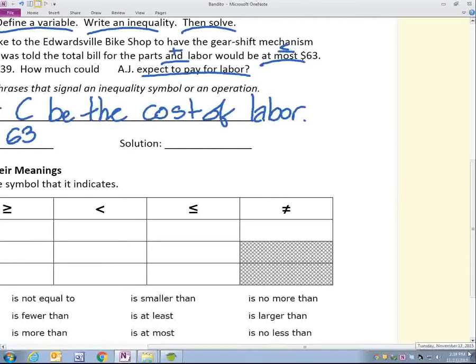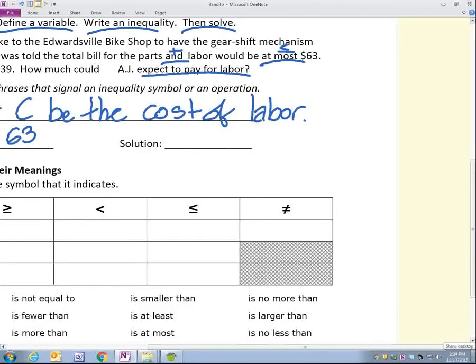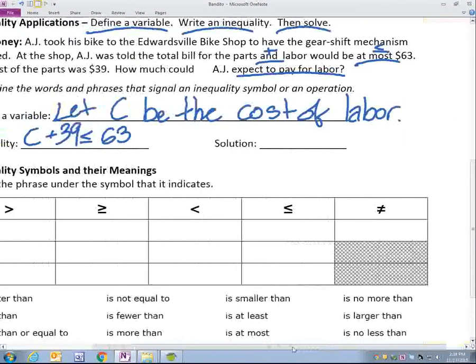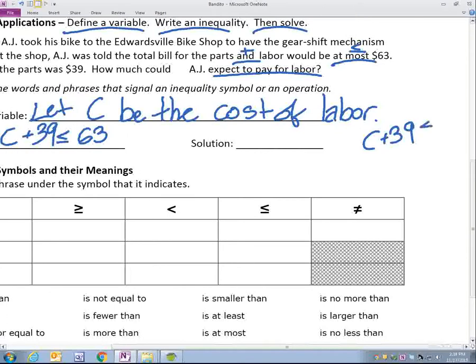And I'm going to solve this. We have C plus 39. I'm just rewriting this so you guys can remember how to do this one at the quiz tomorrow. I have C being added to 39, or 39 is being added to C. I have to undo that.